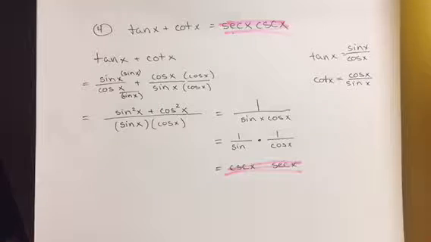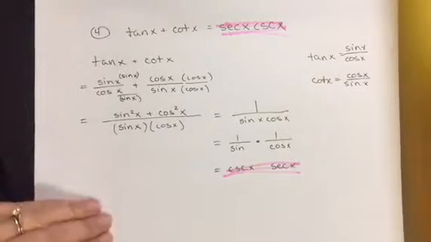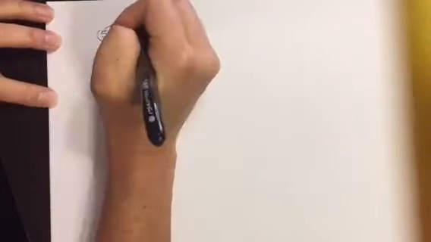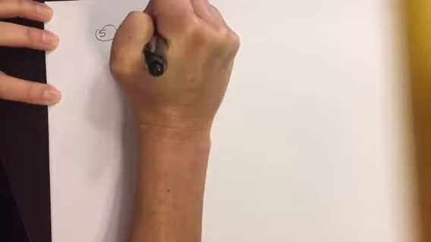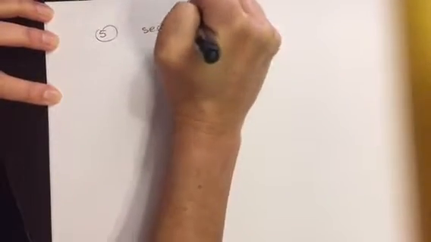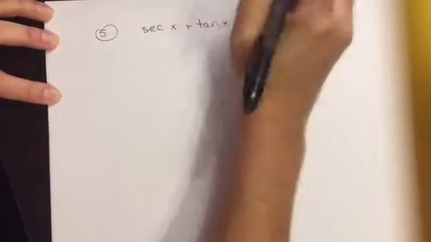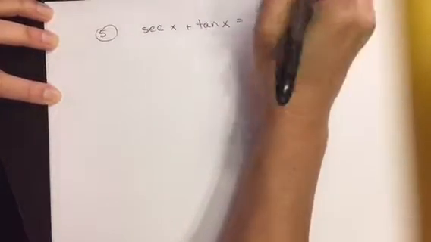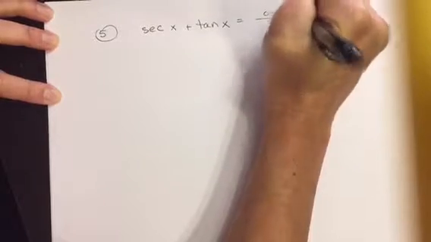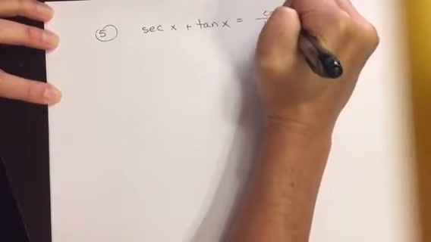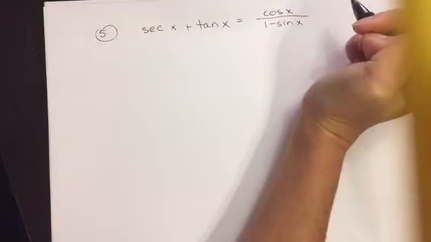Okay, now for example 5. So for example 5, I'm going to use secant x plus tangent x equals cosine x over 1 minus sine x.